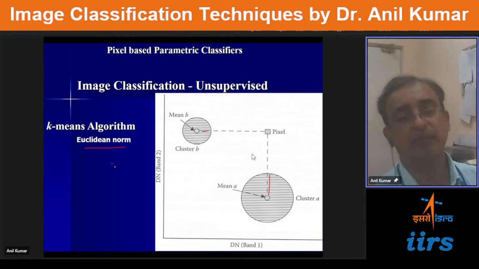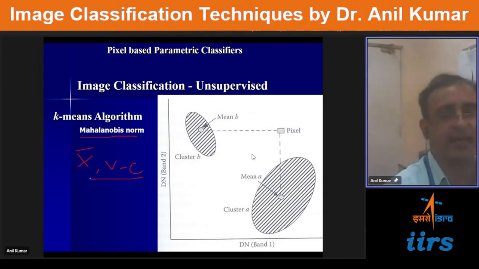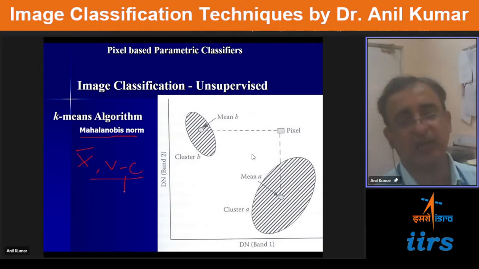It is using only the mean parameter in the algorithm. We can also apply Mahalanobis, but in the case of Mahalanobis, we use the mean as well as the covariance from the data. But since we don't have training data, we cannot use Mahalanobis distance, because the covariance is a very complicated parameter to be estimated and to be assumed.